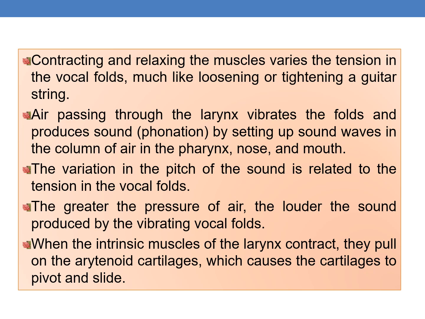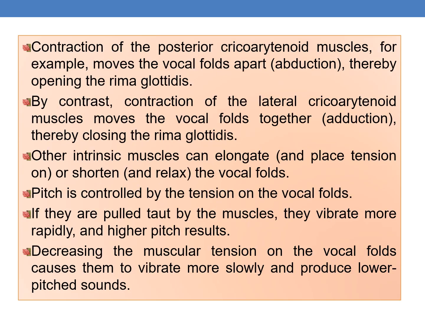When the intrinsic muscles of the larynx contract, they pull on the arytenoid cartilages, which cause the cartilages to pivot and slide. Contraction of the posterior cricoarytenoid muscles, for example, moves the vocal folds apart, that is abduction, thereby opening the rima glottidis.